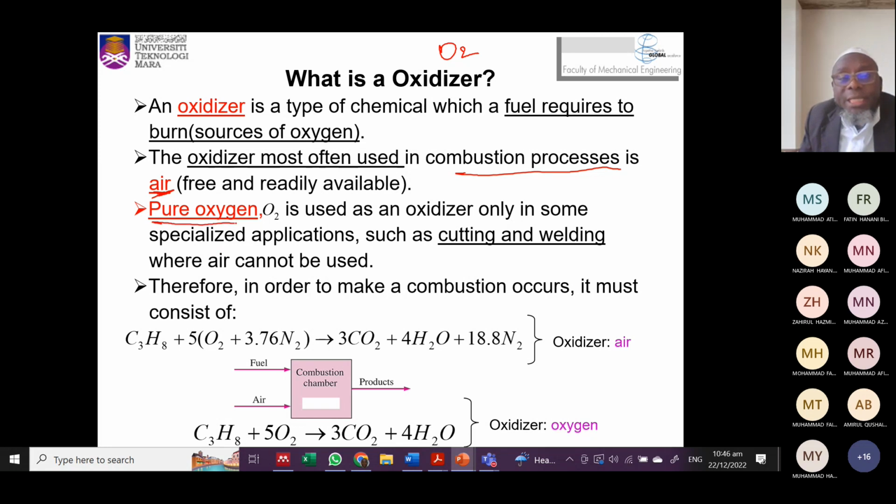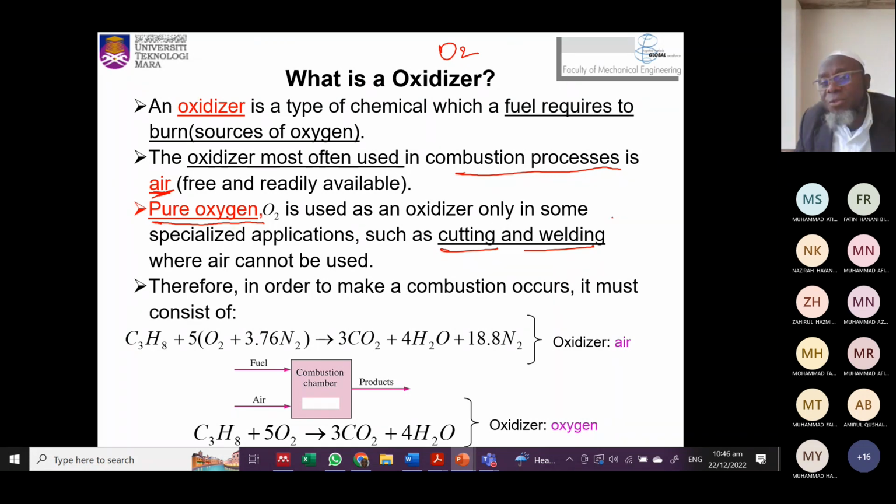However, pure oxygen is used as an oxidizer only in some special applications, such as cutting and welding. Sometimes if you go to the workshop where they repair auto bodies, maybe they need to cut a particular metal, and then they use some cutting flame.